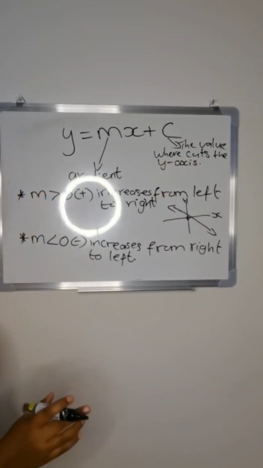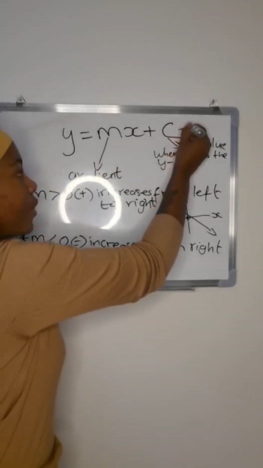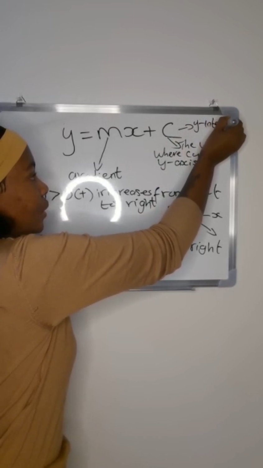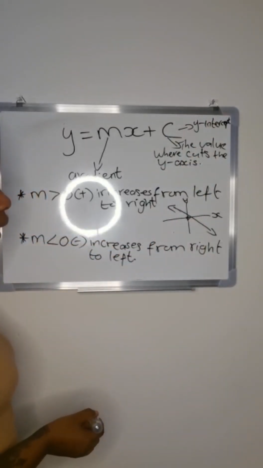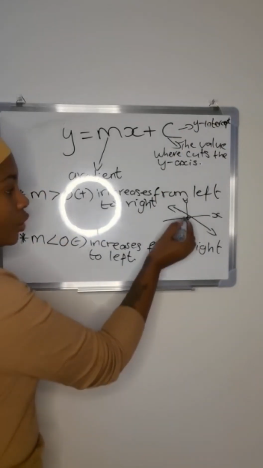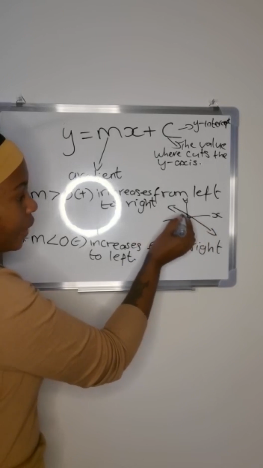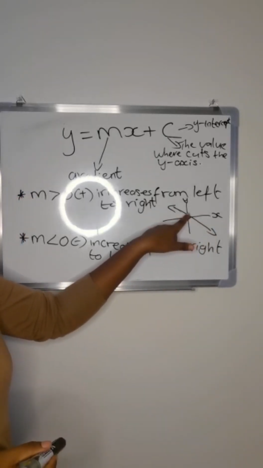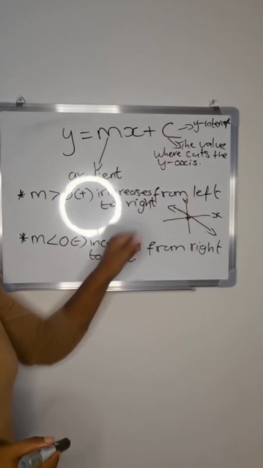So in simple terms, we call c the y-intercept. The y-intercept is the point where the graph cuts the y-axis. Looking at this point here, where the graph cuts the y-axis, that point is the y-intercept. That will basically be the value of c.